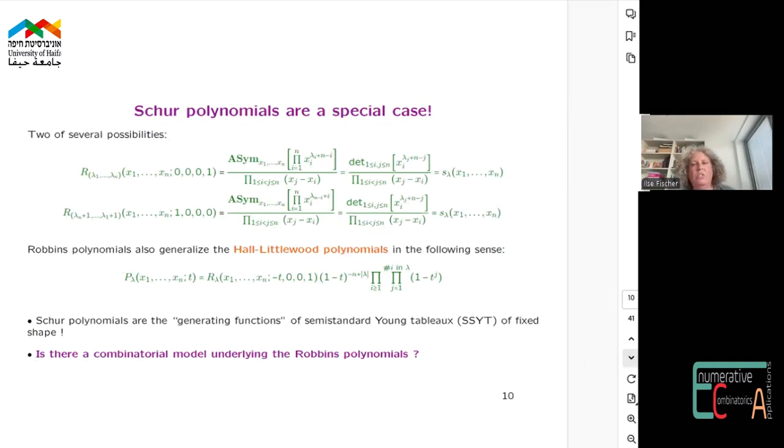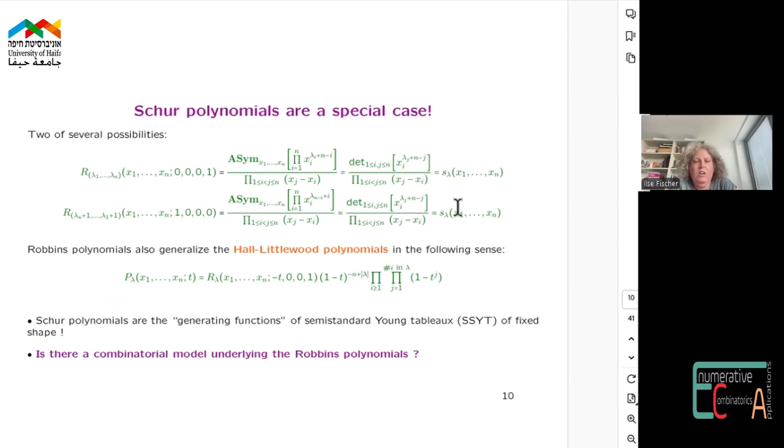In principle, we had these 4 parameters t, u, v, and w, and if you set all of them to 0 but one, which you set equal to 1, you always get some Schur polynomial. Here I've written down the calculation. The only important thing to see is that the antisymmetrizer of such a simple function, a monomial, is always the determinant. And then you get the bialternant formula for the Schur function. So you can specialize Robbins symmetric polynomials to get Schur functions.